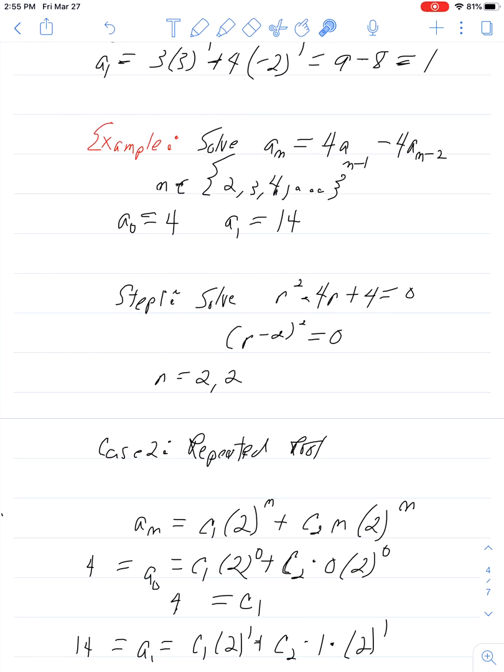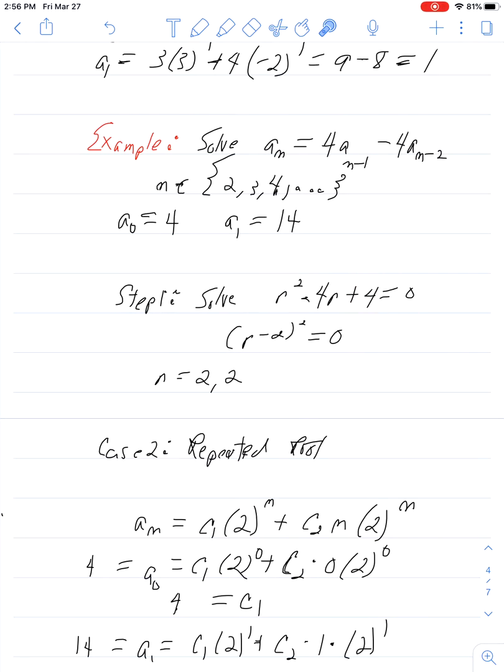All right, what did the algorithm say? First, I solve a quadratic equation. Since this coefficient here is 4, the coefficient down here is minus 4. And since that coefficient is minus 4, this coefficient is 4.